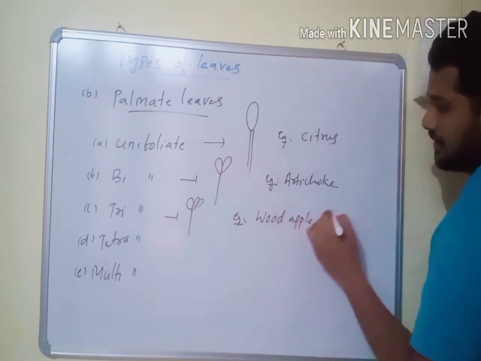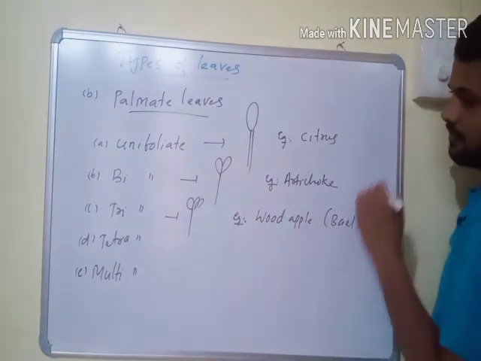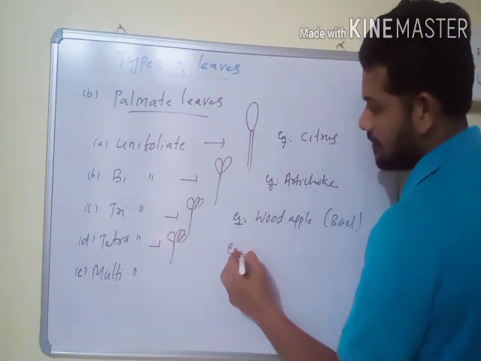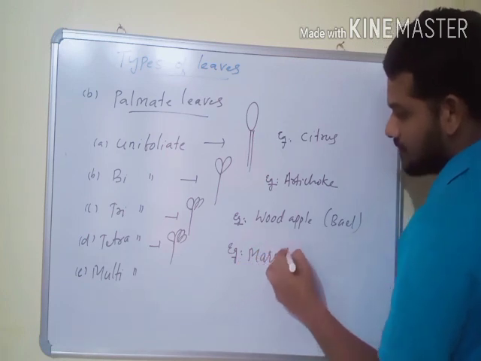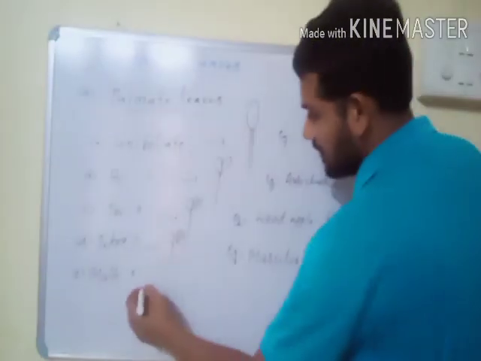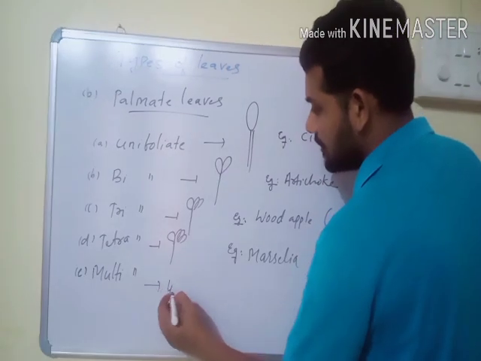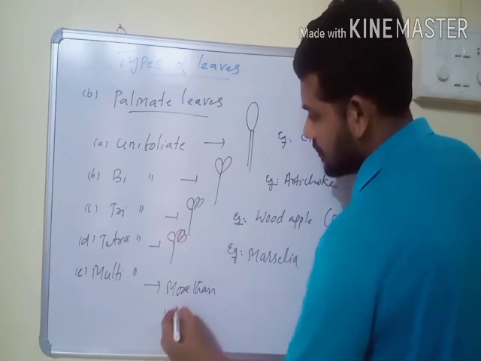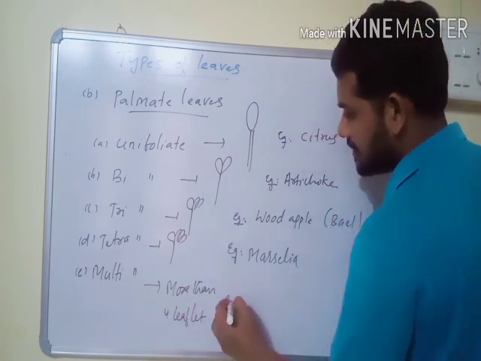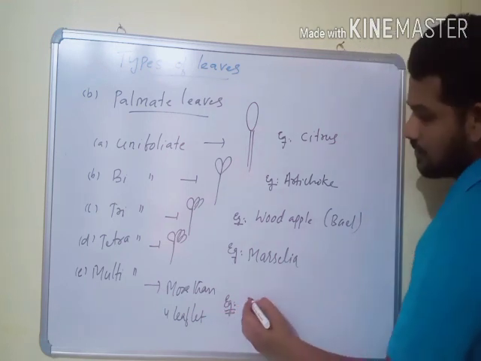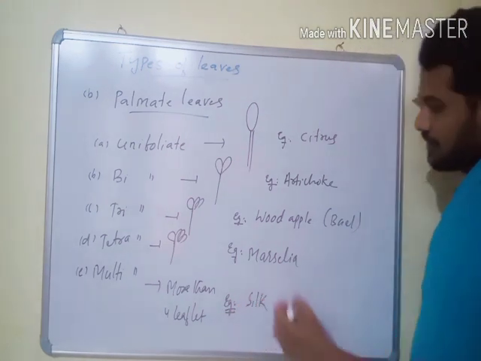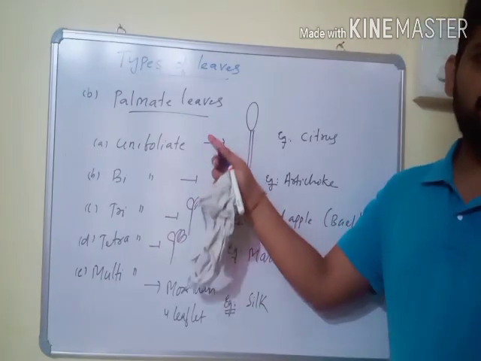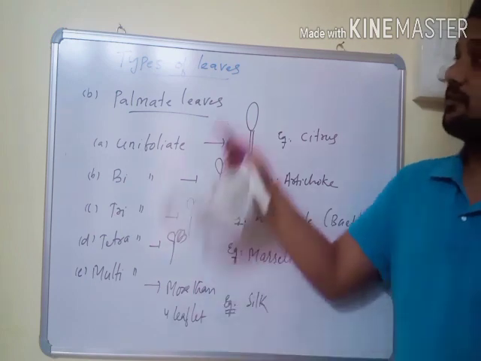So wood apple is generally called bael. In tetrafoliate compound leaves, 4 leaflets are present. Example, Marsilea. It is a foreign plant. And multifoliate, more than 4 leaflets present. If more than 4 leaflets are present, then the leaf is called multifoliate. Example, silk cotton. So these are the different types of palmate compound leaves. So these are various types of leaves.